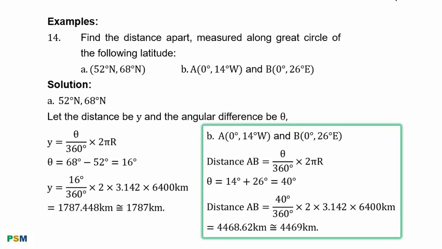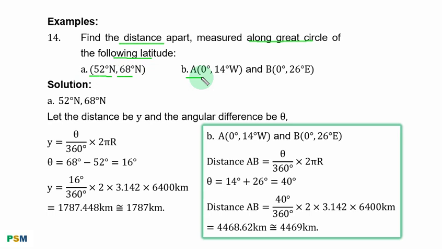Example 14. Find the distance apart measured along great circle of the following latitude. A. Latitude 52 degrees north, 68 degrees north. B. You have 2 points.